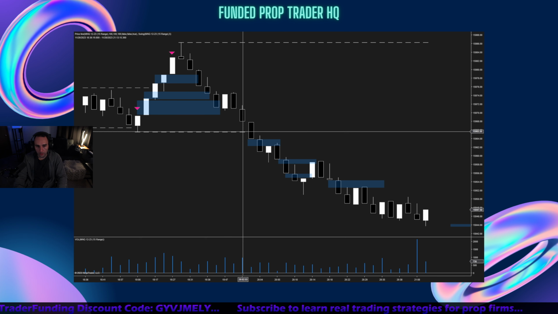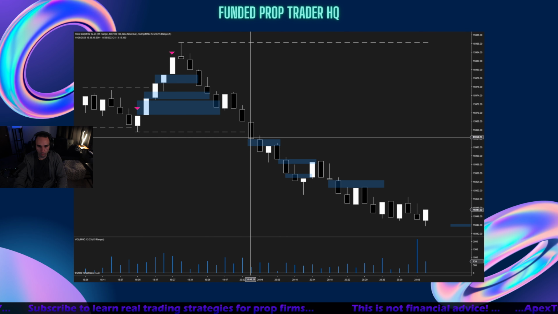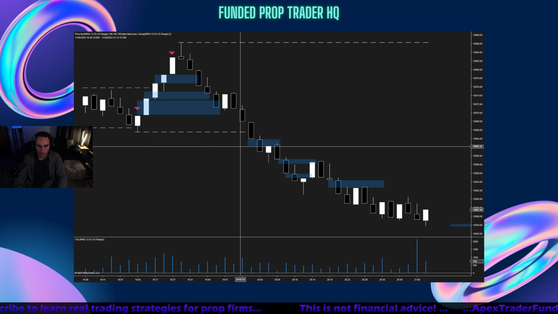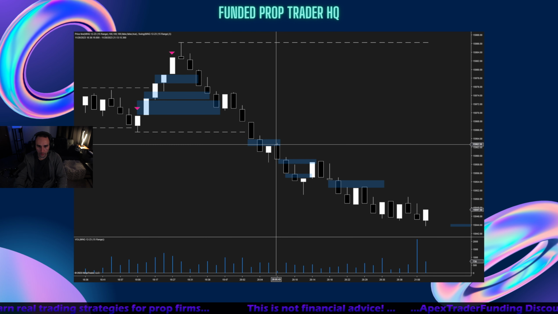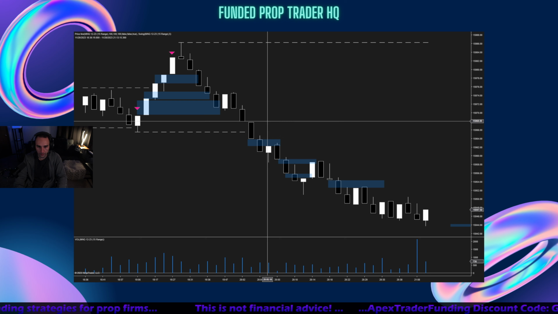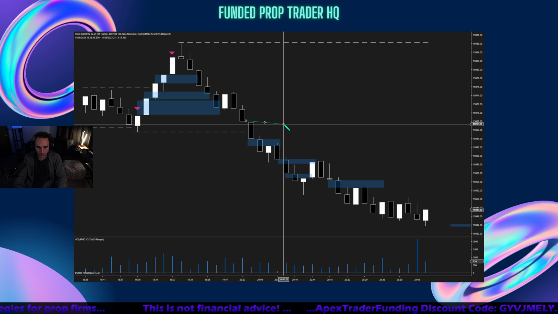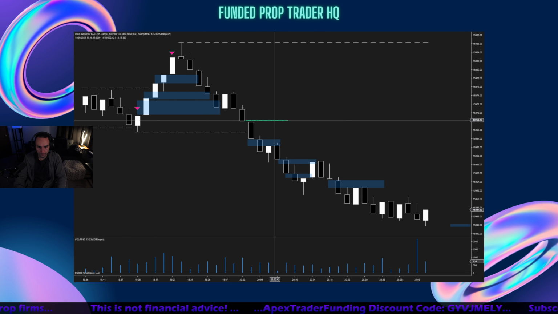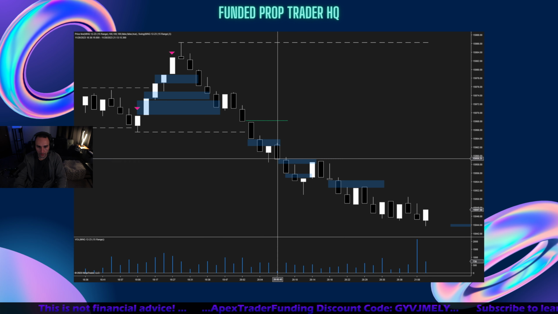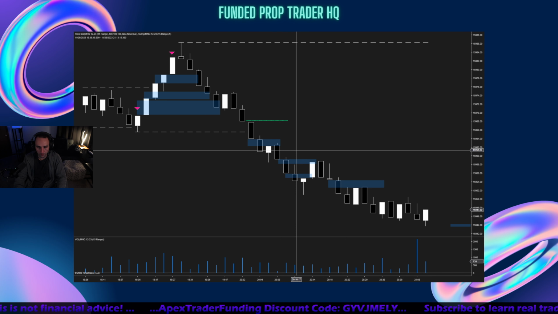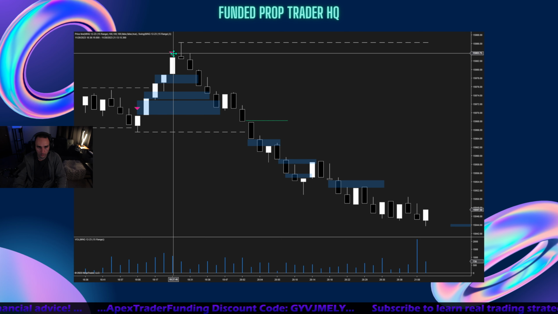Now the structure has shifted to bearish as of the close of this bar right here. We have a gap right there. If we're quick enough, we can enter short right there. Our stop would be above this bar here. And we have another gap between this bar and this bar. Let me mark those up here.